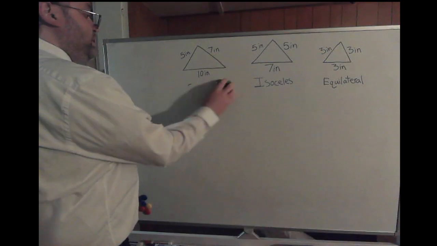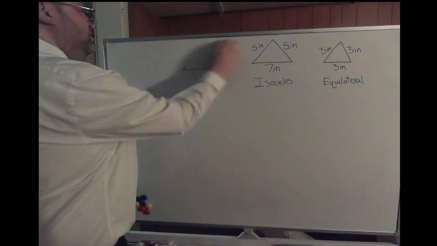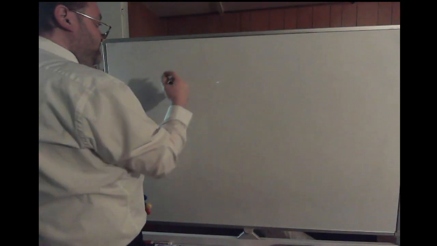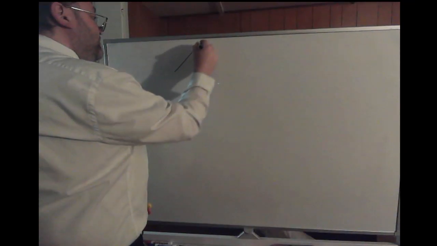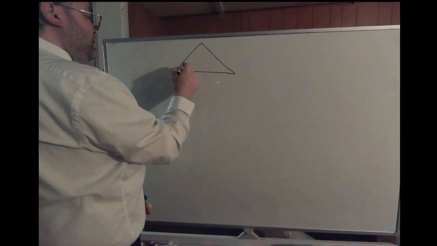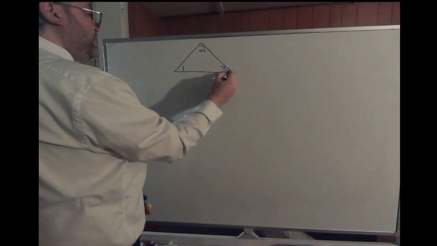Now, we can also talk about their angles. It is important to know that in a triangle, I'm just drawing a triangle, we have angle 1, angle 2, and angle 3.